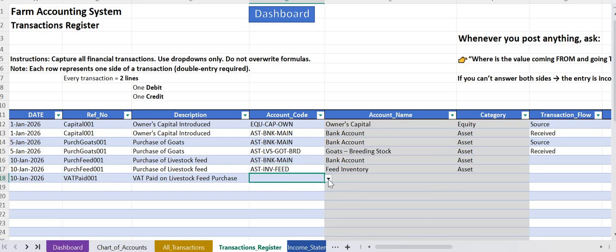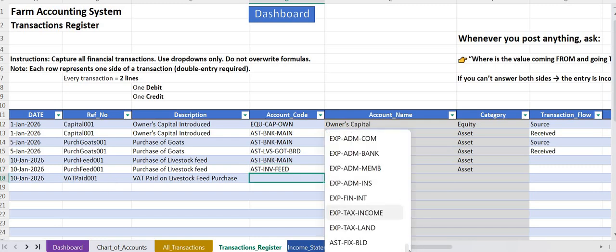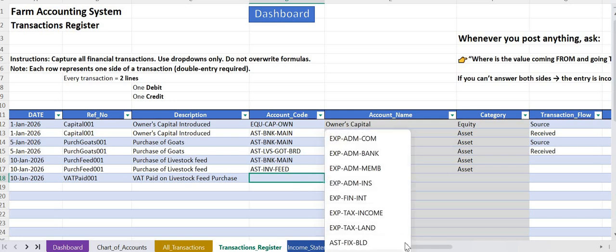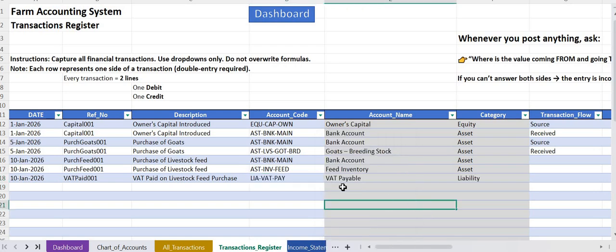And then this would be tax pay, under liabilities. So it's liability VAT payable. So those are the 3 accounts that will be affected.